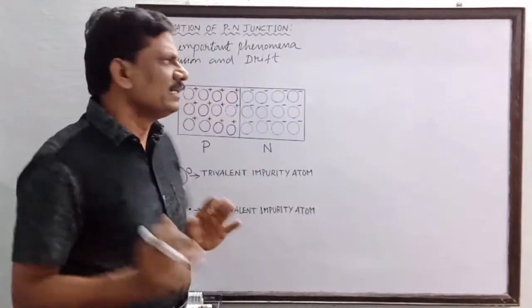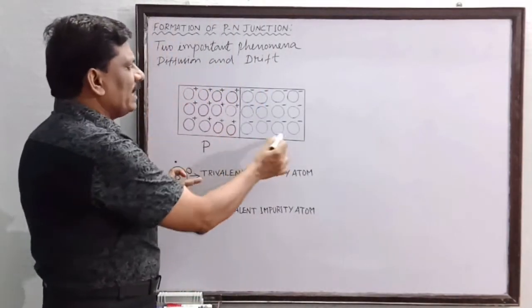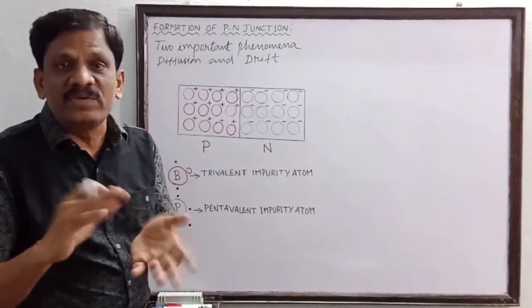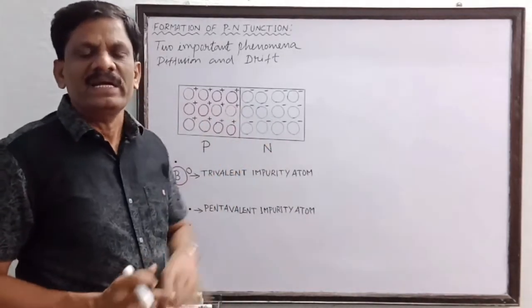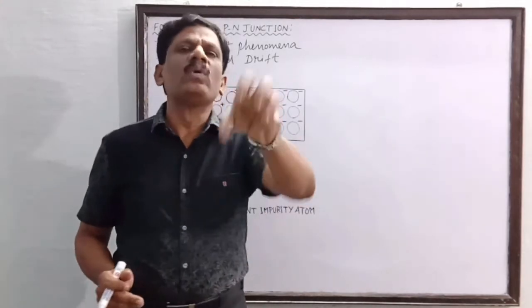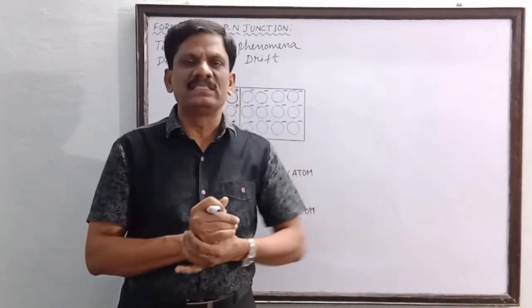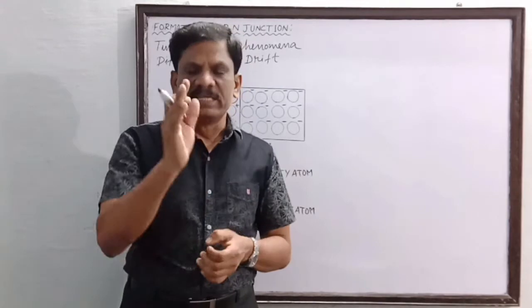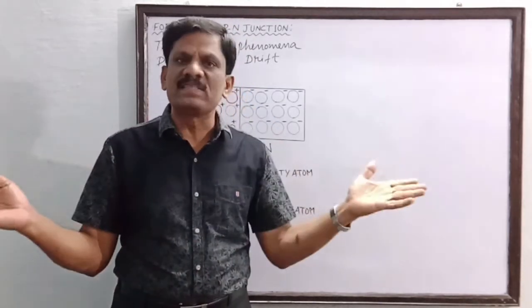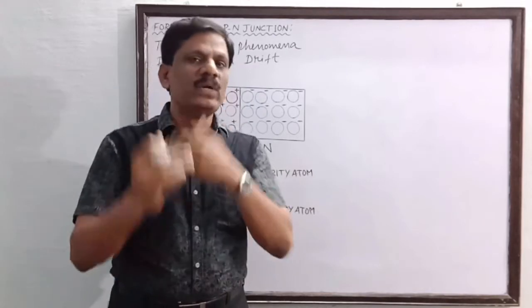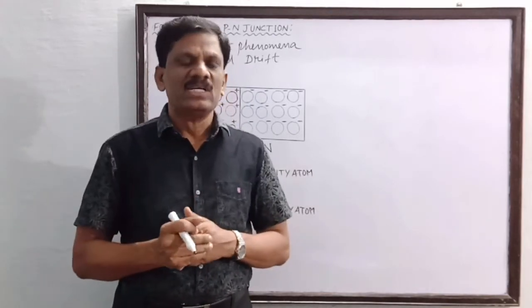See here, the P region and N region are respectively doped with the trivalent and pentavalent impurity. In addition to that, the pure crystal atoms like silicon or germanium will also be there. As a result, holes as well as the electrons are present on both sides of the junction. But who is outnumbering the other is to be noted.